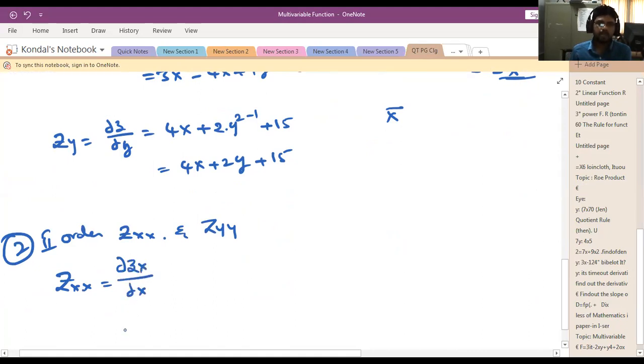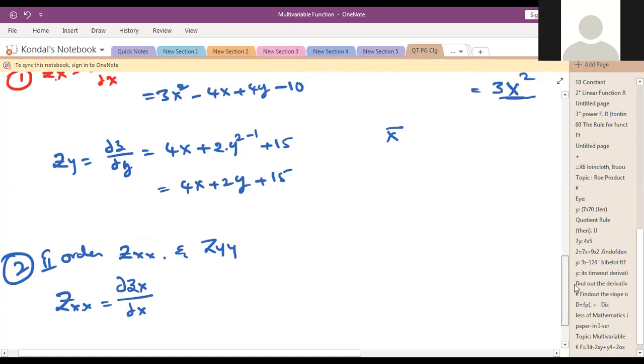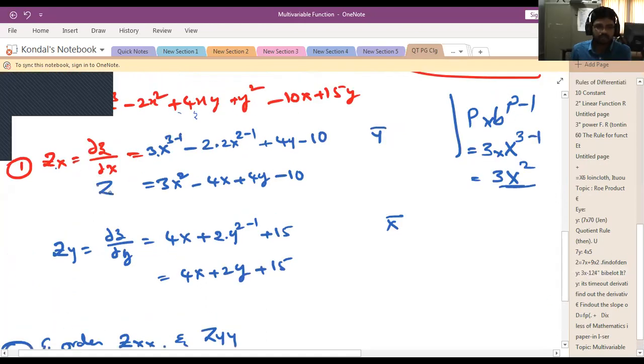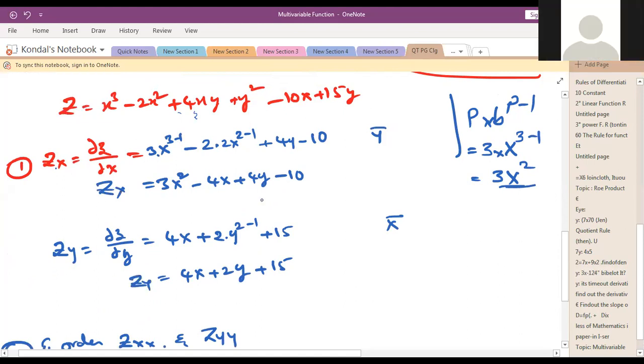What does it mean? Simply I say rate of change in zx due to change in x. Here we are changing x only. So what is the zx here? Zx value is this one, and zy is this one, 3x square minus 4x plus 4y minus 10. So we can take this one and do the partial derivative.